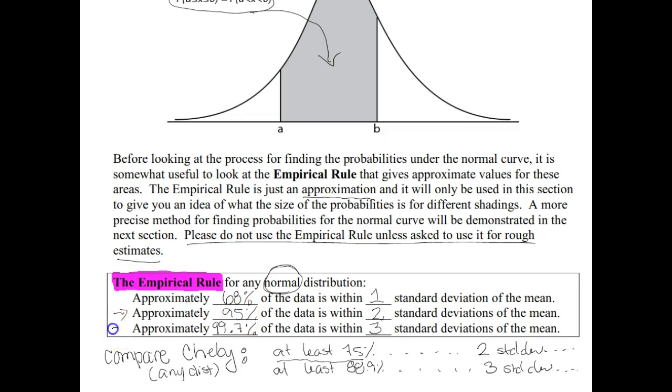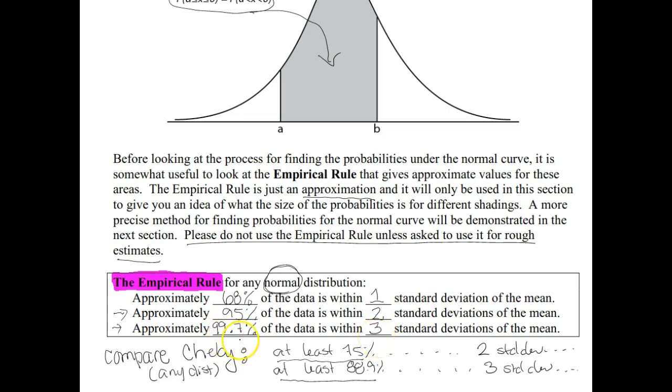Same thing with the second piece from Chebby. He said at least 88.9% would be within 3 standard deviations of the mean. Well, for a normal curve, that is almost all of it, so 99.7. So virtually the entire data set is going to be within 3.